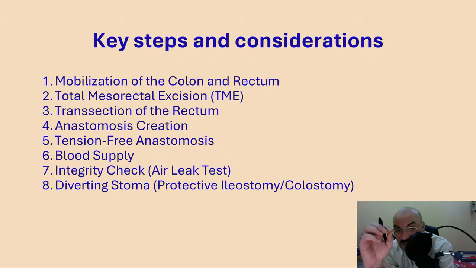Of course, the techniques of creating the anastomosis must be tension-free, with attention to the muscles, the blood supply, and an integrity check or air leak test, which is a surgical concern to make sure no leakage is going out. They will also need to protect this part, as we said, either by colostomy or ileostomy.